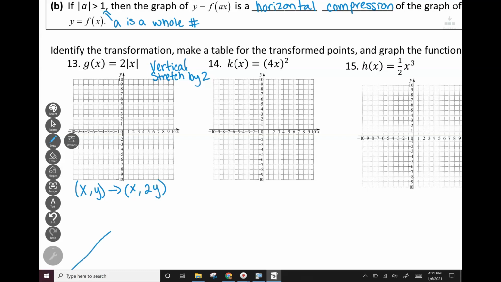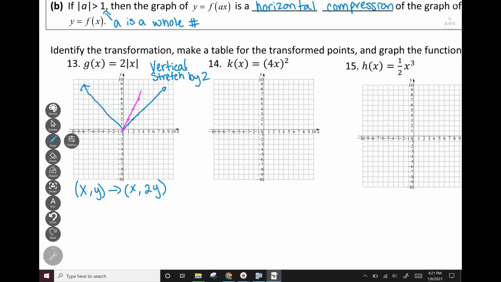So let's graph our parent function. Now, I'm going to multiply each y value by 2. So instead of 0, 0, well, 0 times 2 is still 0. But right here, multiplying the y value times 2 puts me at 1, 2. And then right here at 2, 4. Y value is 3. Multiplying that by 2 gives me 6.